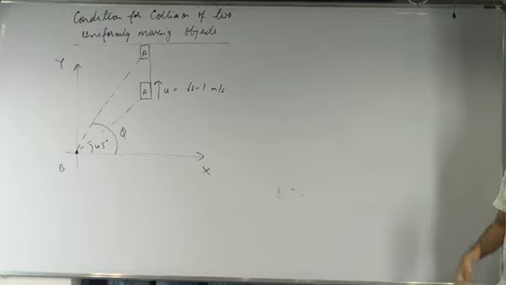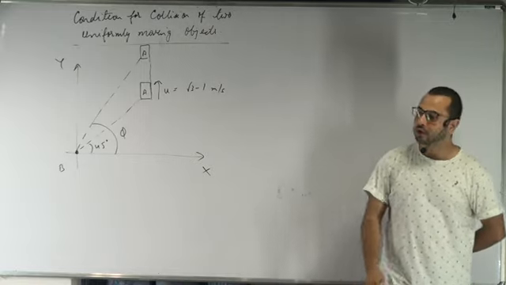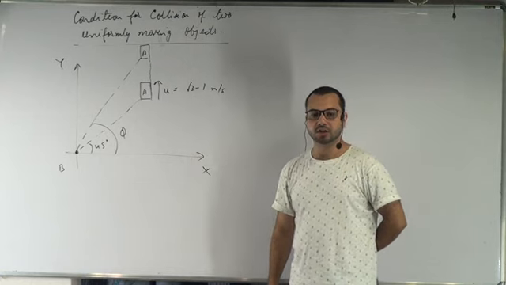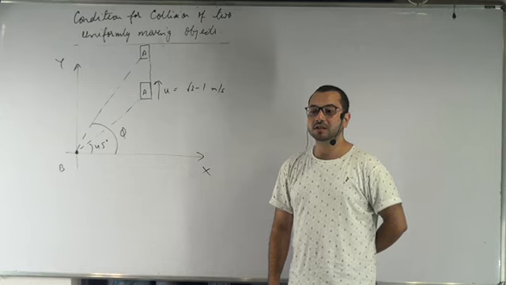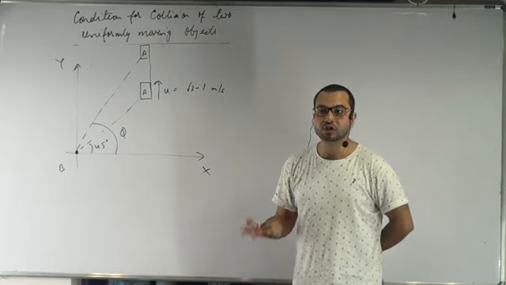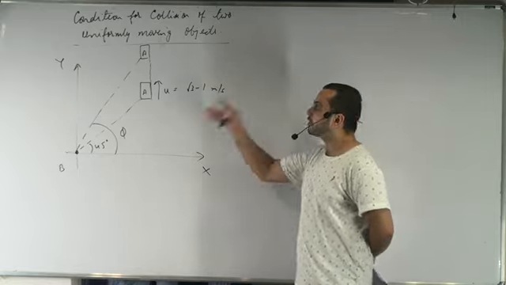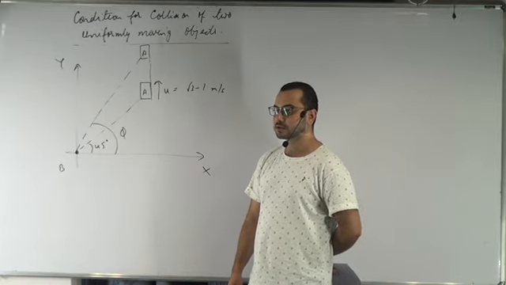So just try to recollect the statement that I told you just now. If two objects are going to collide and they are moving uniformly, what is the condition? The relative velocity should be along the line joining the two particles. What is the line joining the two particles?